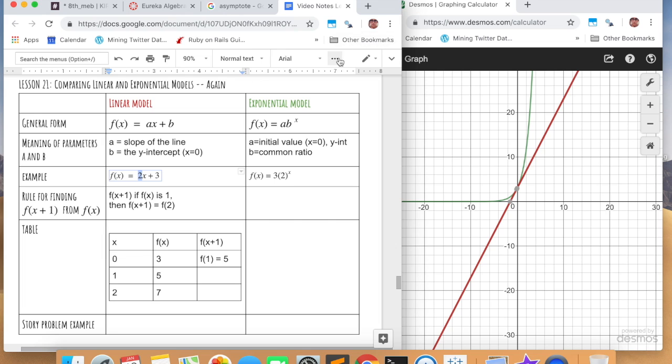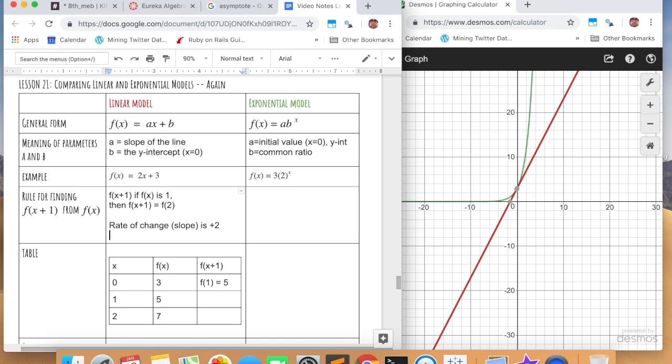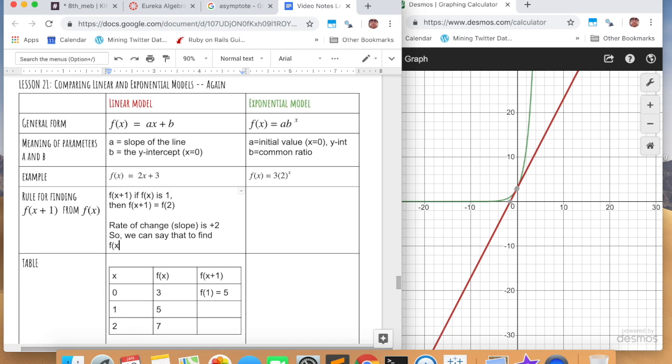And so if you notice the pattern here, our table of f of x plus 1 started at 5 and then it's going to continue to increase by 2. And the reason it does that is because our rate of change is plus 2. So we can say that in order to find f of x plus 1, we just have to apply that rate of change. So we can just add 2 to whatever f of x is.